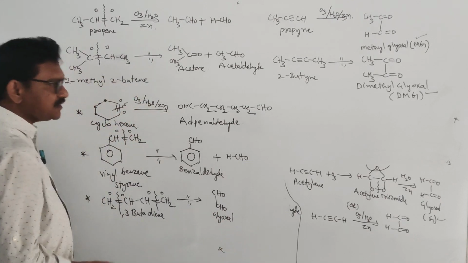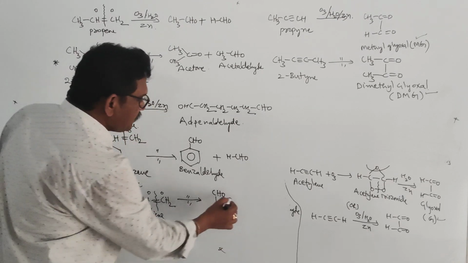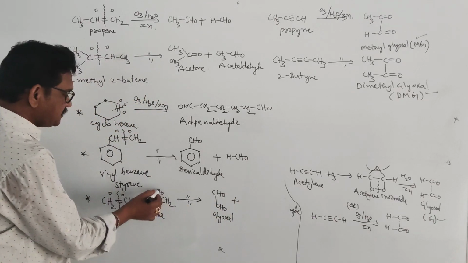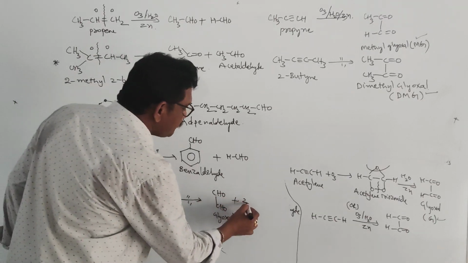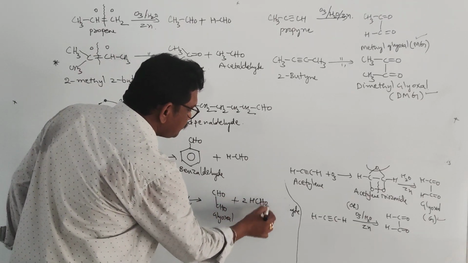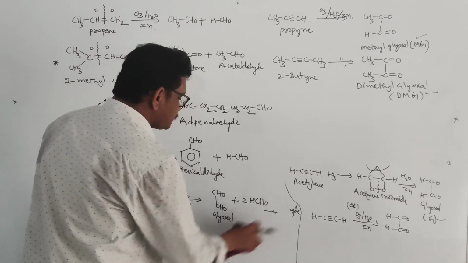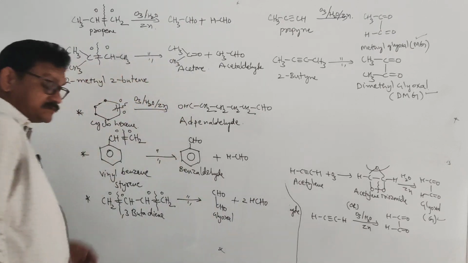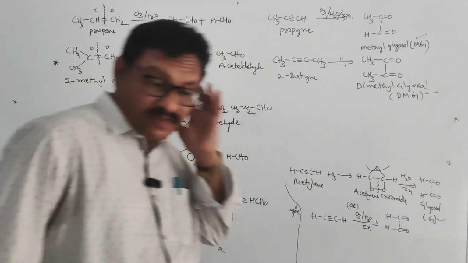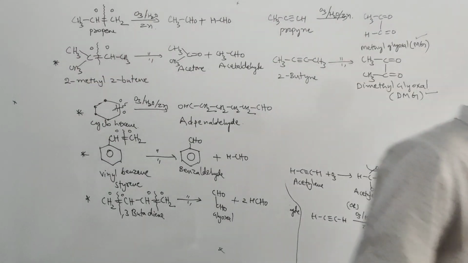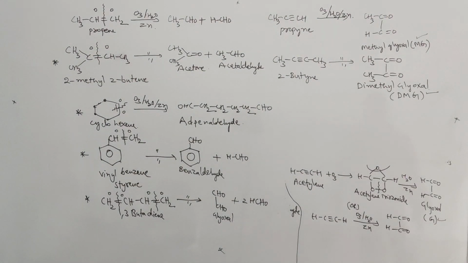You know this glyoxal. Then this is CH2O, that means 2 moles of formaldehyde. Okay, students, these examples were enough. We did so many examples. With this, we got perfection. Okay, you write down all these.